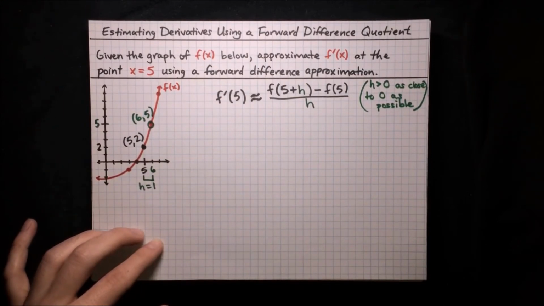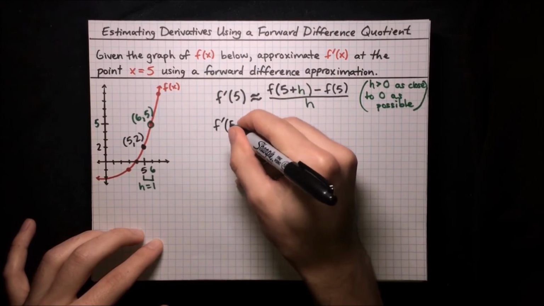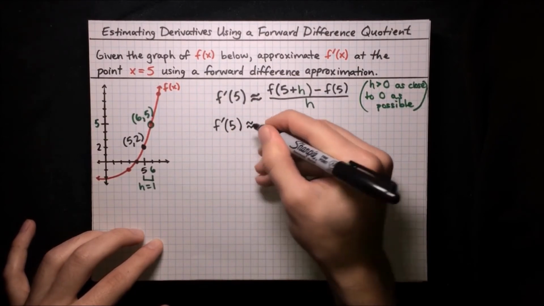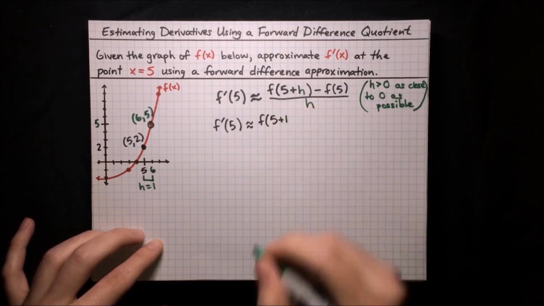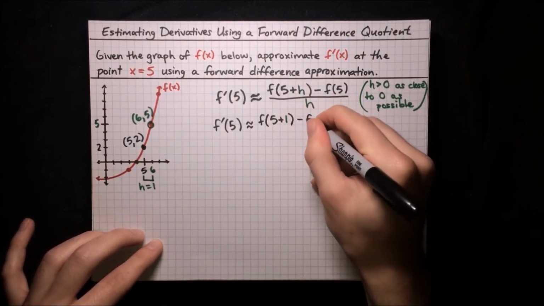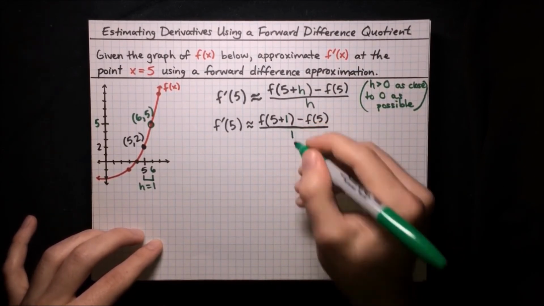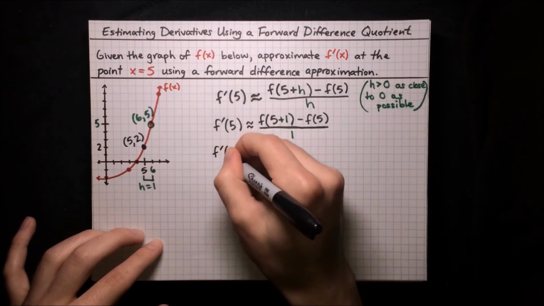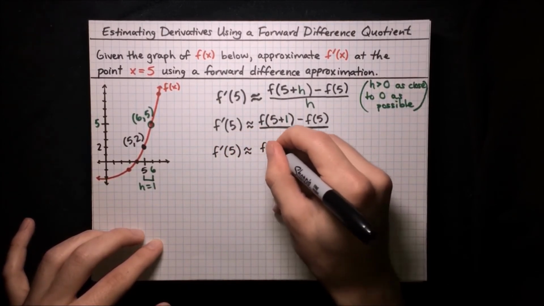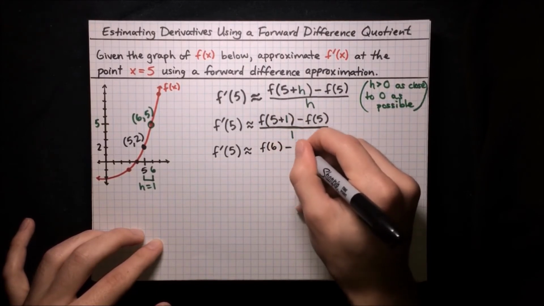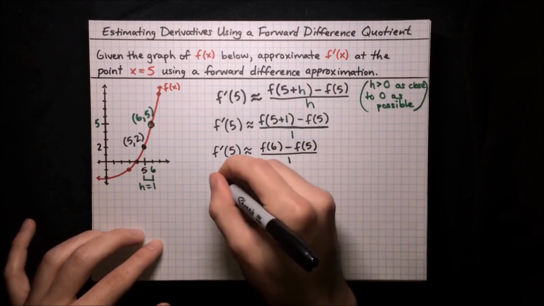So plugging in h is 1 into this forward difference quotient, we have that f prime of 5 is approximately equal to f of 5 plus 1 minus f of 5 all over 1. So f prime of 5 is approximately equal to f of 6 minus f of 5 over 1. And let's plug in that information.